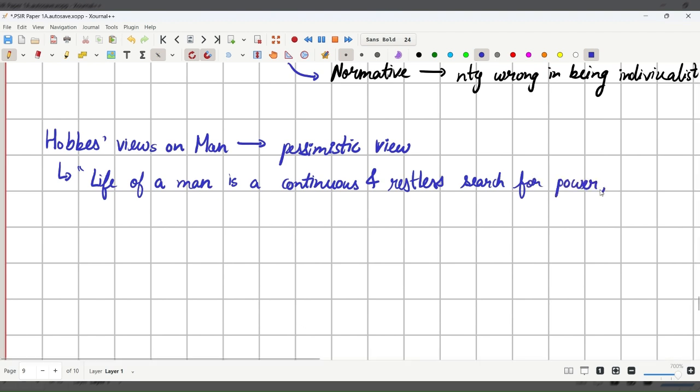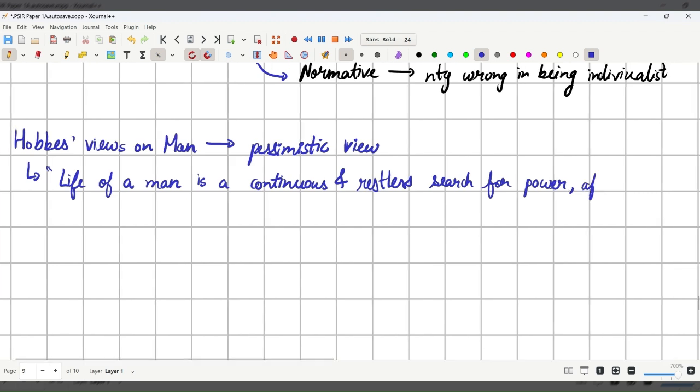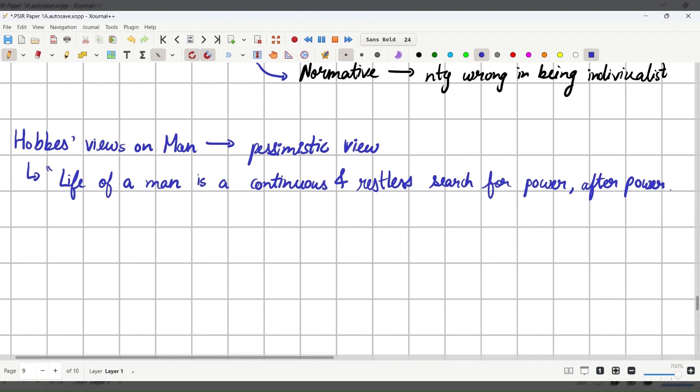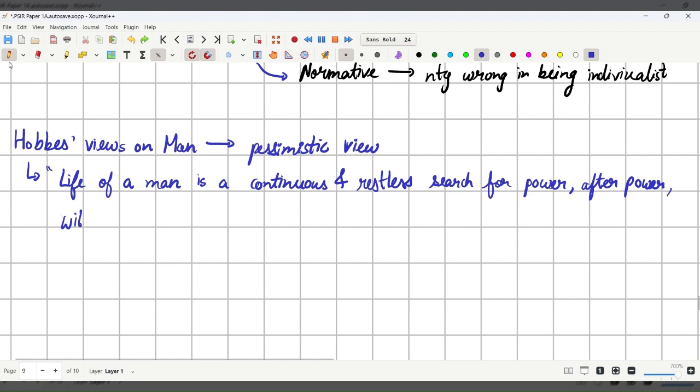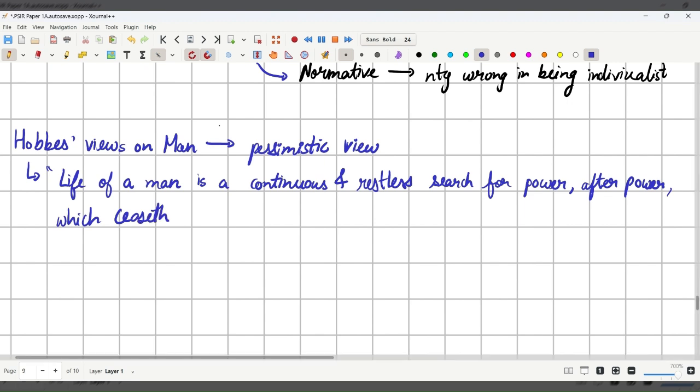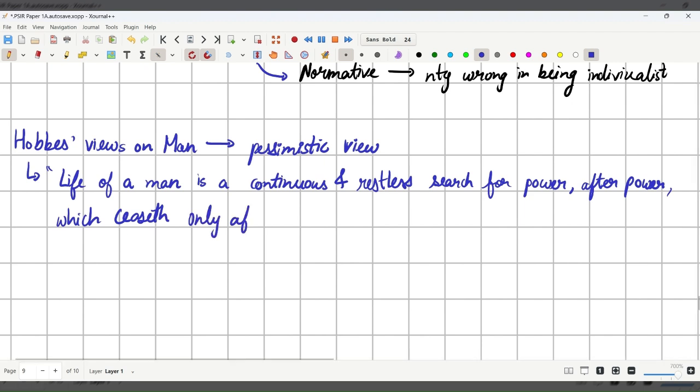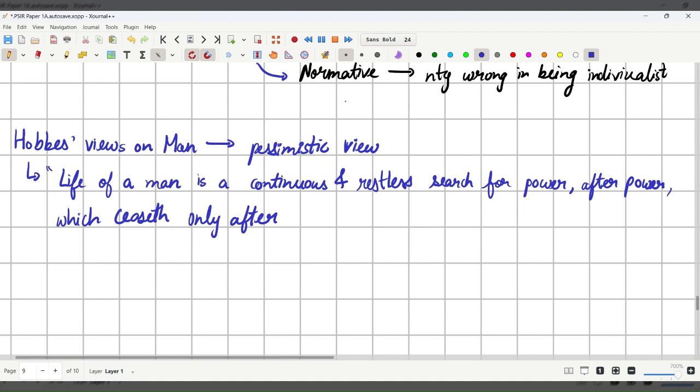After power, which ends only after his death.